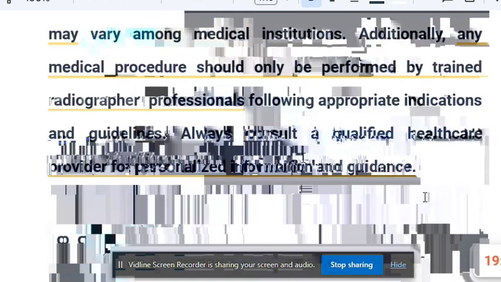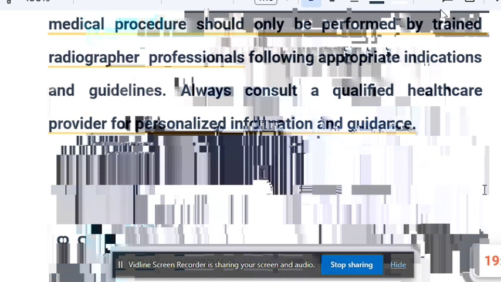Additionally, any medical procedure should be performed by a trained radiographer professional following appropriate indication and guidelines. Always consult a qualified healthcare provider for personalized information and guidelines.